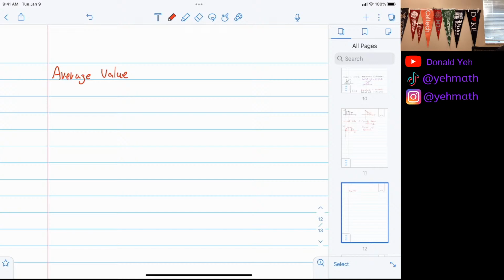If f is integrable, if f of x is integrable on a closed interval.